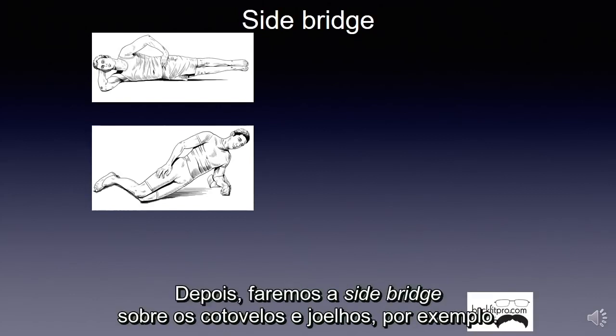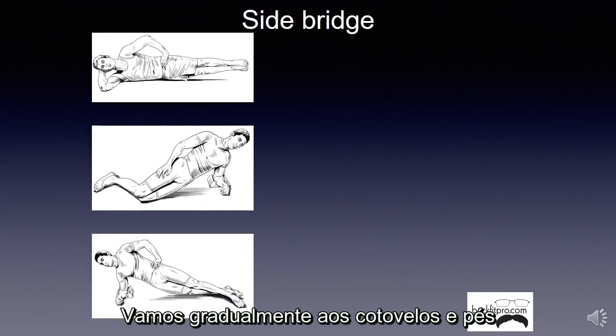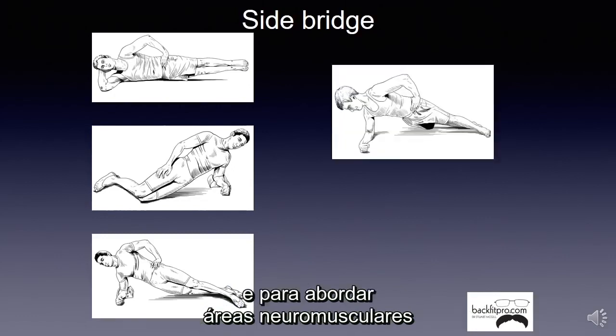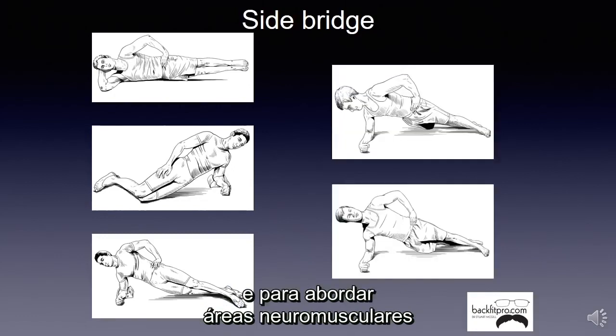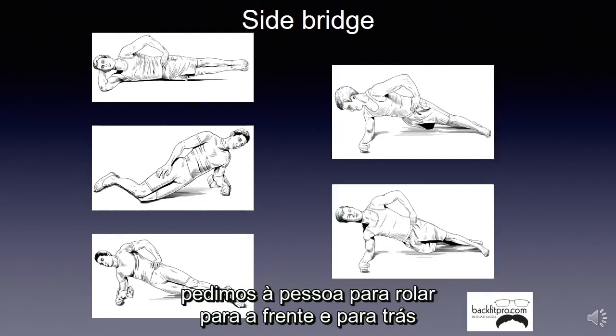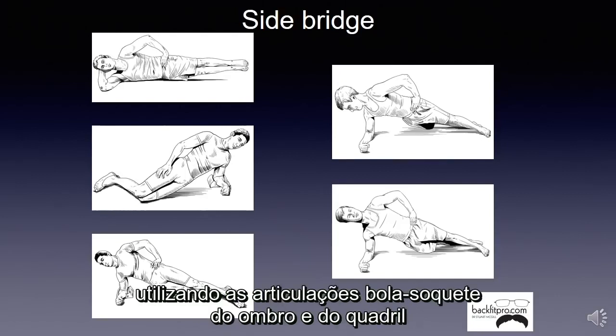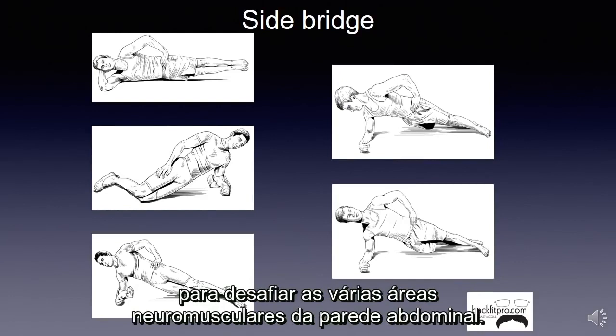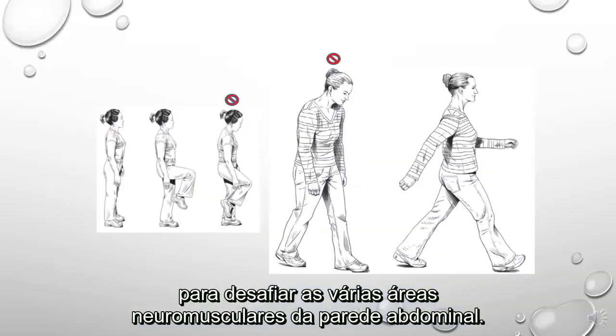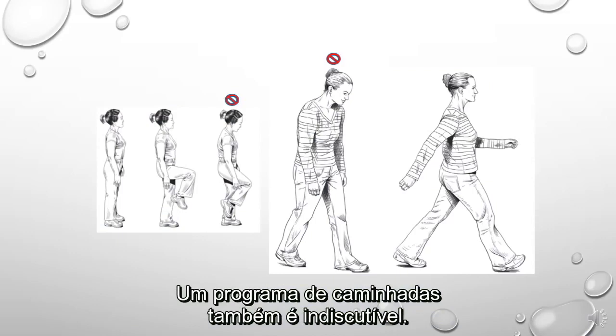And then we look at the side bridge from the elbow and knees, for example, graduate to the elbows and feet, and then to pick up the neuromuscular compartments, we would then have the person roll forward and roll back through the ball and socket joints, the shoulder and the hip, to challenge the various neuromuscular compartments of the abdominal wall. Then a walking program is non-negotiable.